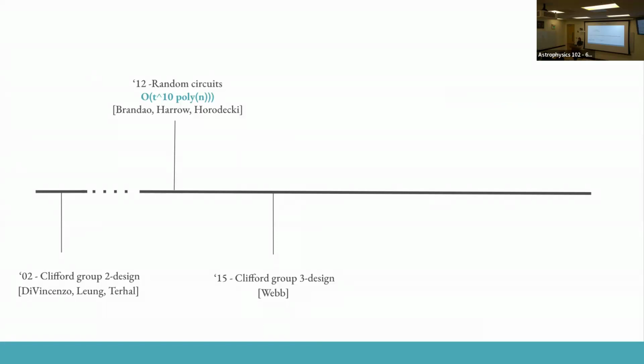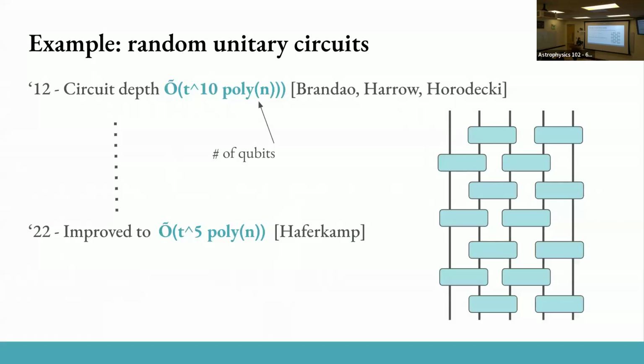In a random unitary circuit, which I've illustrated with a very small model here, as you let that circuit evolve more and more, you will reach higher moments. So this is a design, but it's different. It's a design that scales with the amount of time that you run it. It will scale with the number of moments that you end up achieving.